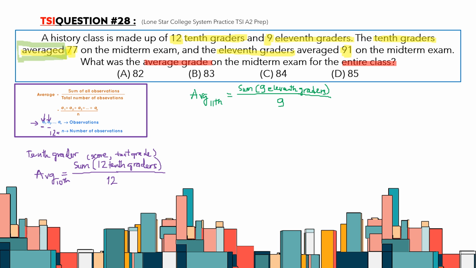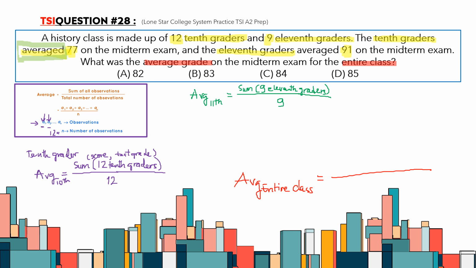Now for the entire class, we find the average of it. How do we calculate it? The entire class includes 10th graders and 11th graders.